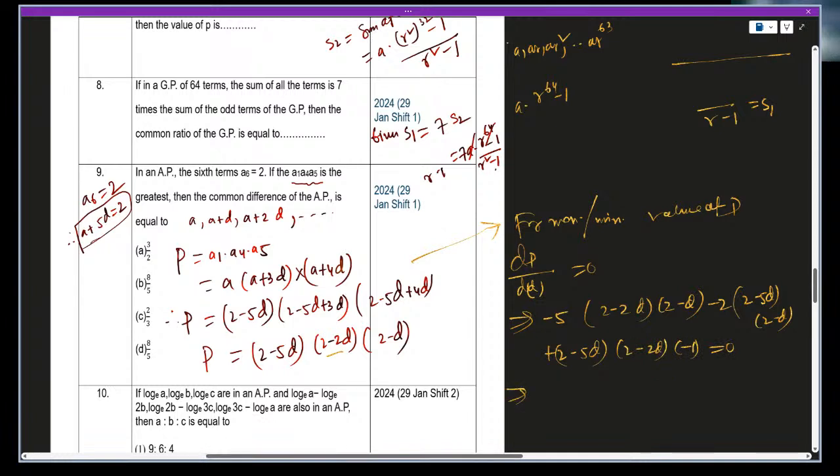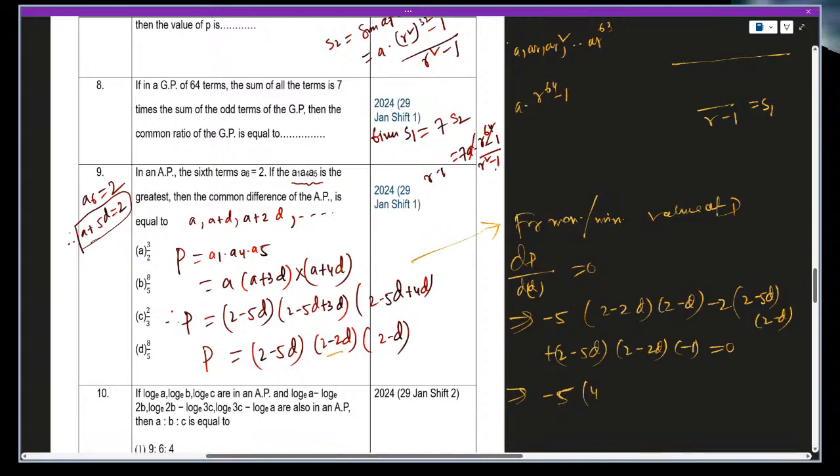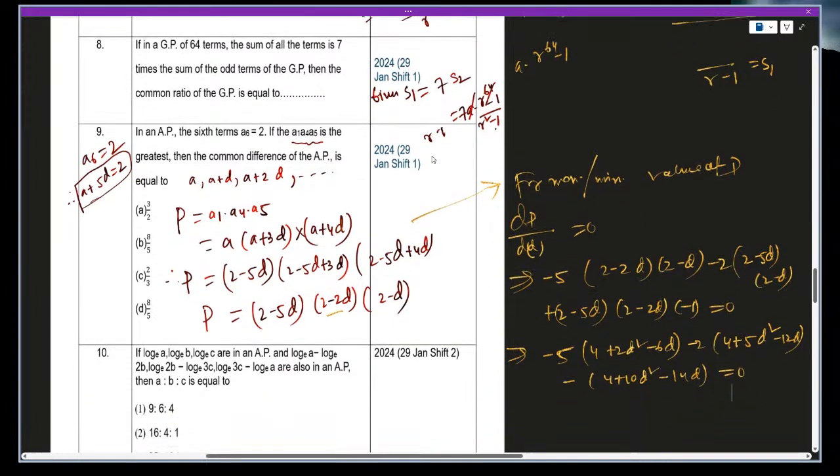Just do this calculation. Some problems are there, you have to think, no? 4 plus 5d square, 12d, and this is 4 plus 10d square minus 14d equal to 0.